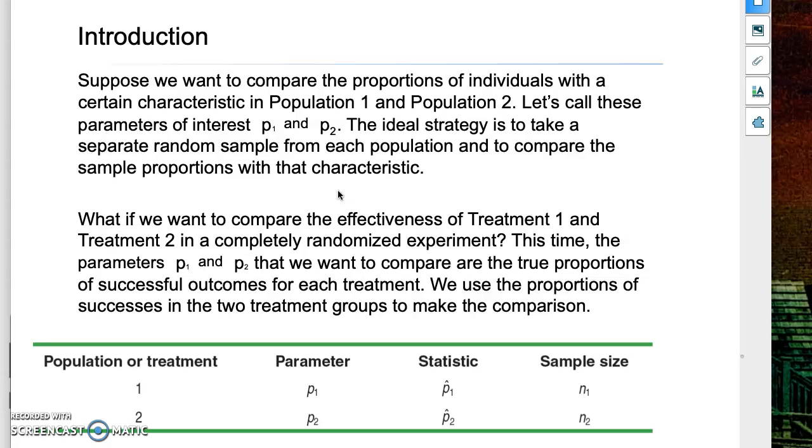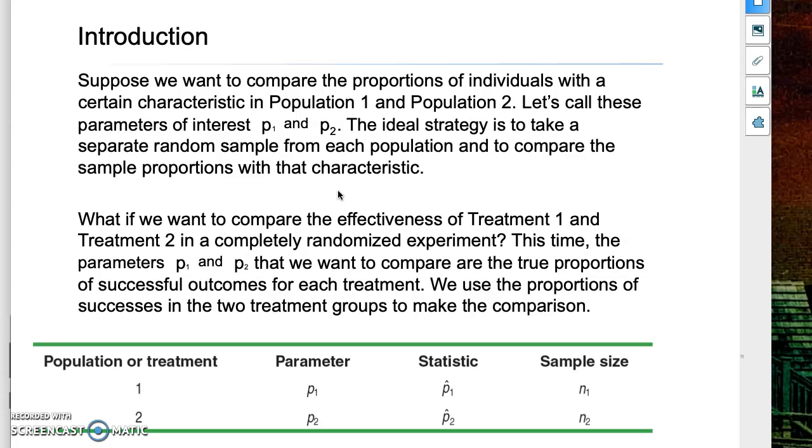We want to know whether or not there's a difference. We're going to use subscripts to keep track of our proportions, P1 and P2. The ideal strategy is to take separate random samples from each population, and then use our statistics to compare the sample proportion of people in each population with that characteristic.